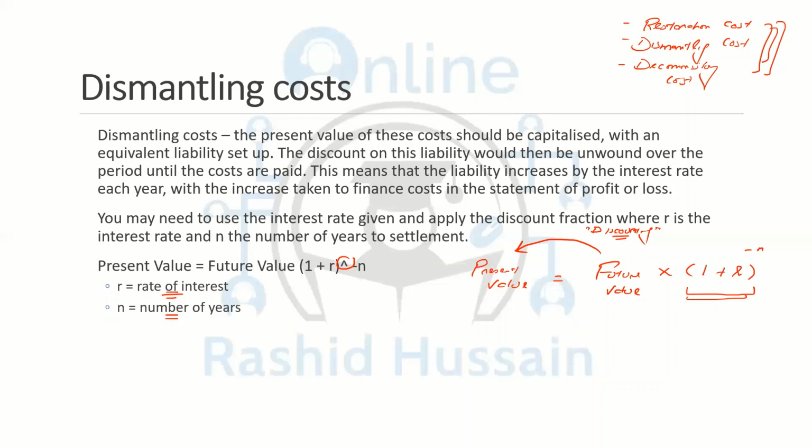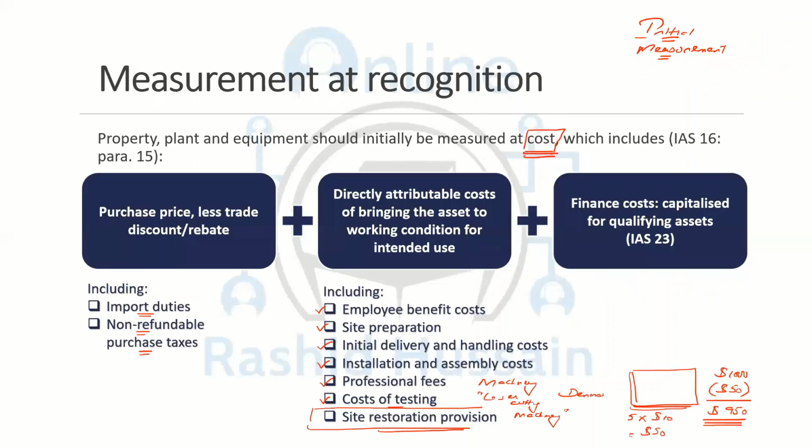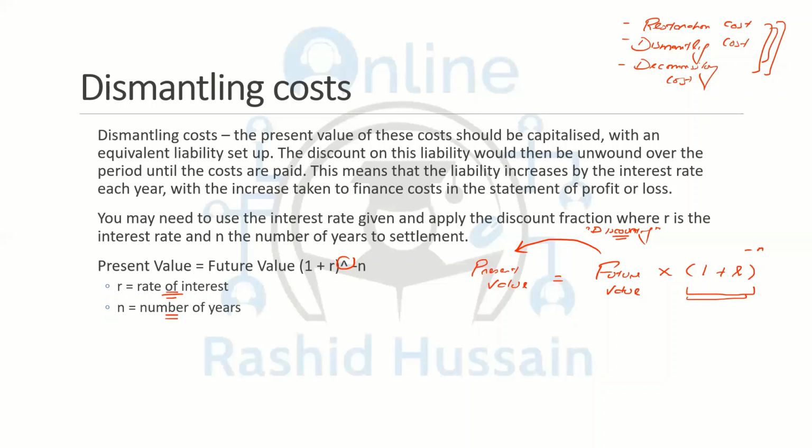Then this cost is a direct cost, because it will be incurred due to this particular asset which you are using. We have studied that any direct cost should be capitalized. Because you have an obligation to dismantle it, you need to make that cost part of the asset cost.